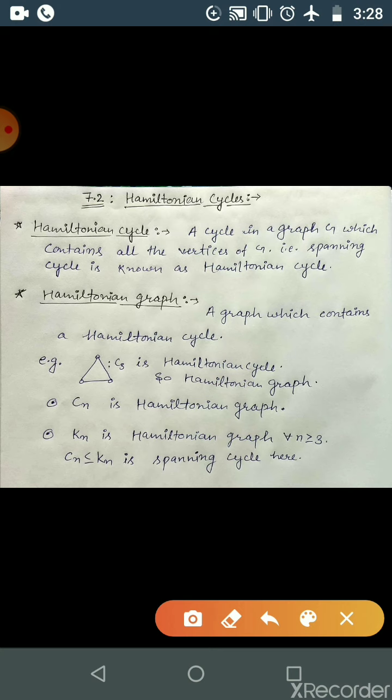There was a mathematician who gave this name, who described a game on the graph of a dodecahedron in which one player specifies a 5 vertex path and the other must extend it to a spanning cycle. This game was marketed as Traveler's Dodecahedron.